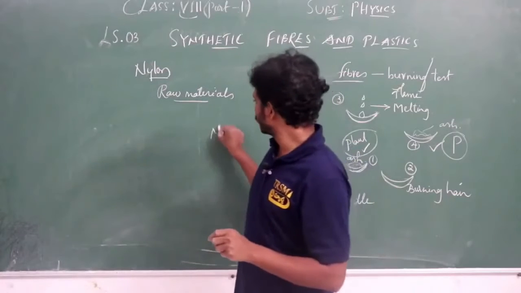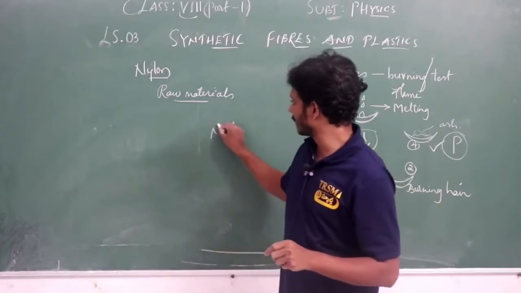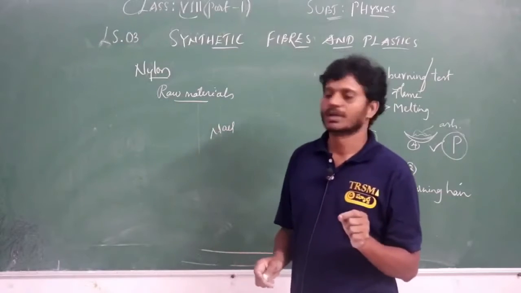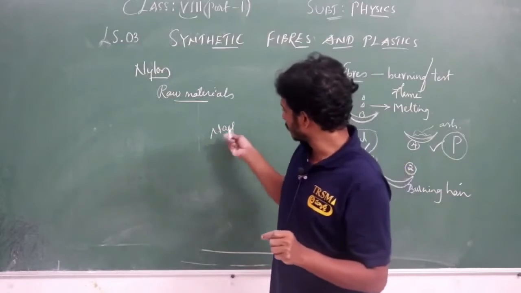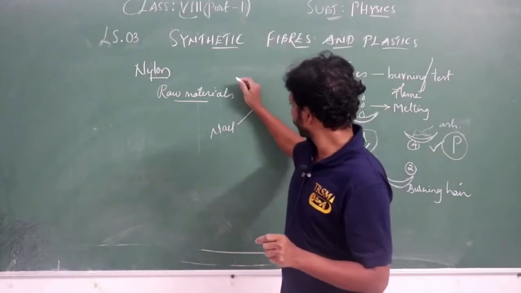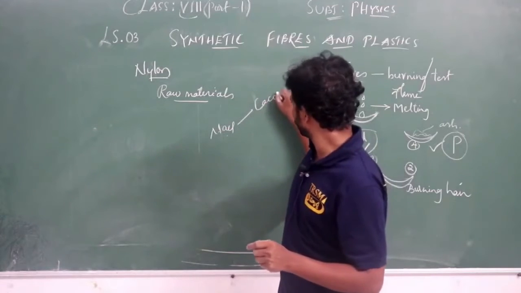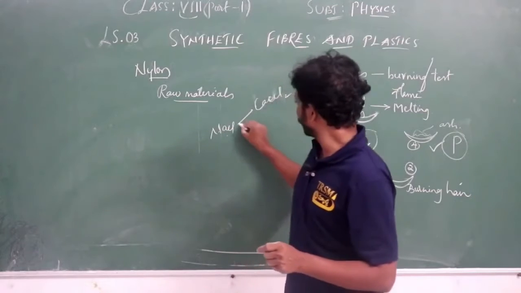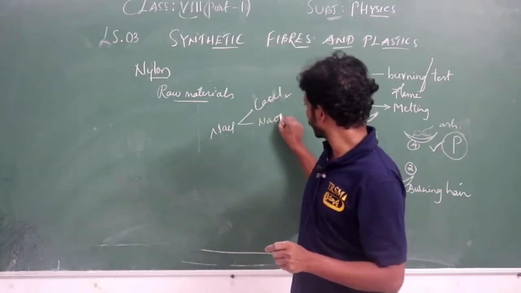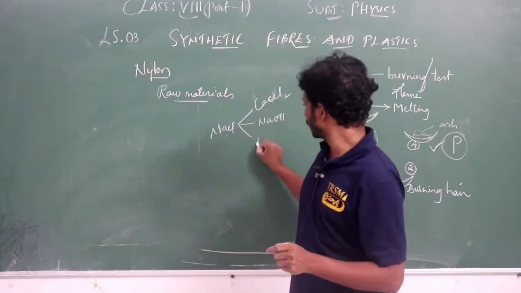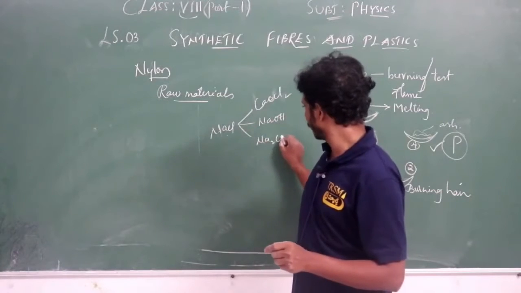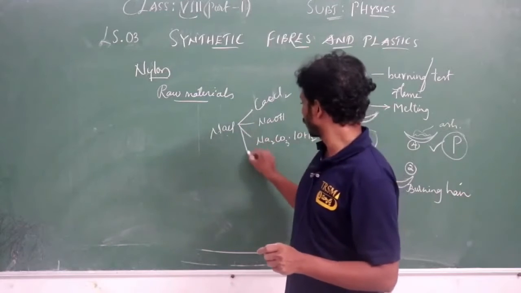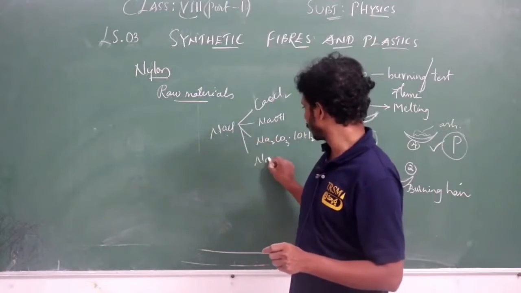Example, NaCl, sodium chloride. This NaCl is a raw material for production of bleaching powder. So from this we can get bleaching powder, CaOCl2. We can produce NaOH. We can produce washing soda, Na2CO3.10H2O. We can even produce baking soda, NaHCO3.